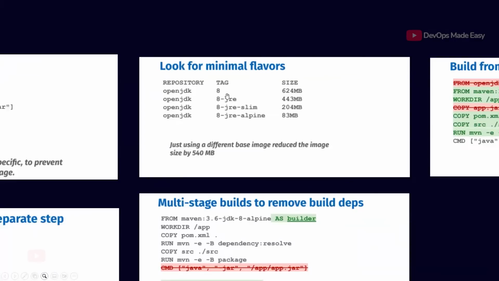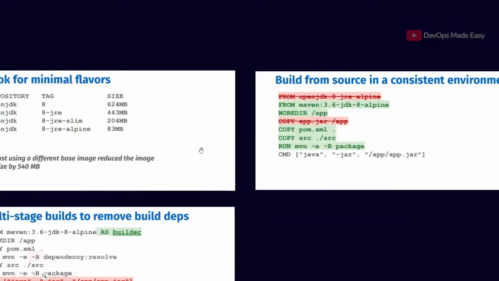If your requirement is not that complicated, always try to use Alpine or Slim. First, test whether this OpenJDK JRE Alpine has all the required things to run your application. Then use Alpine. If it is not suitable, go for Slim, which is quite higher in size than Alpine. Also test the distroless images to see if they suit your requirement. Got it?